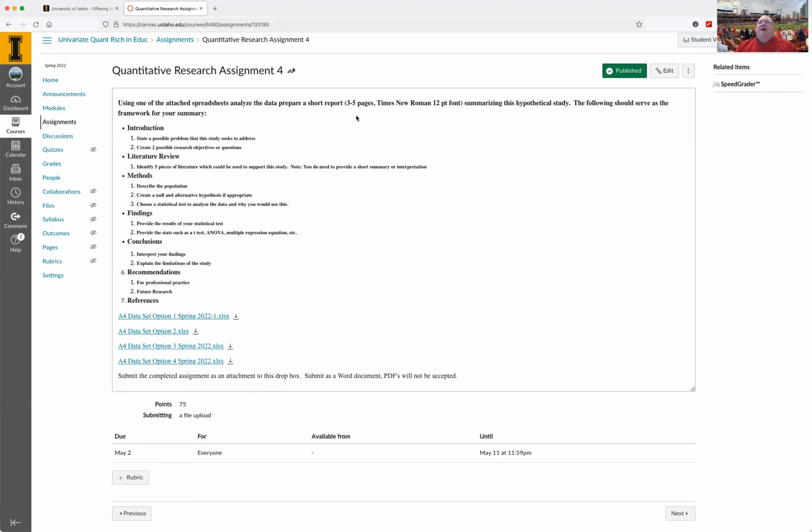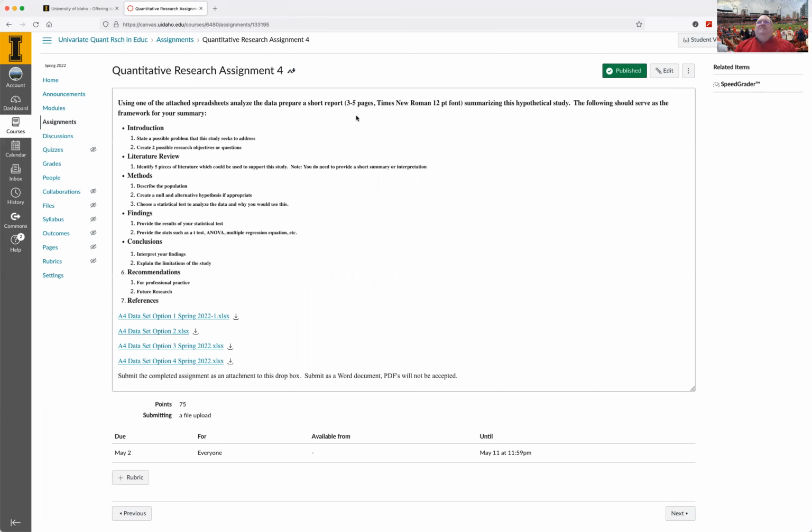Then your methods, describe your population. If it's appropriate, create a null and alternative hypothesis, and then choose a statistical test in which to analyze your data sets. And I'll leave that up to you, but you need to let us know why you used it, and also have literature to back that up.